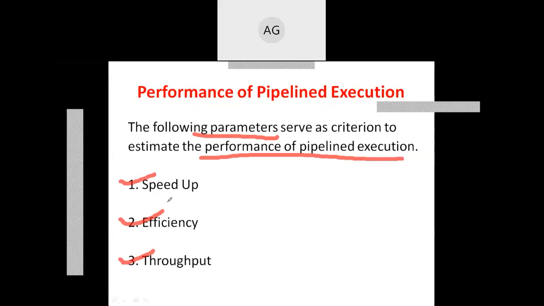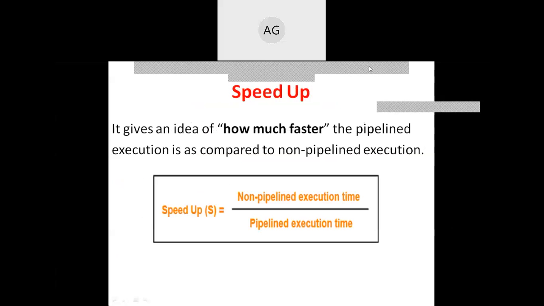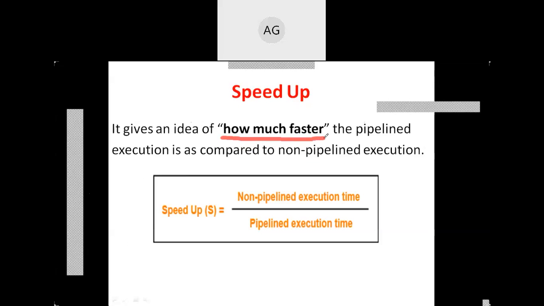Let us discuss each of these parameters one by one. First we are going to discuss the speed up. Speed up gives an idea of how much faster the pipelined execution is as compared to the non-pipelined execution. The formula for speed up is non-pipelined execution time divided by pipelined execution time.